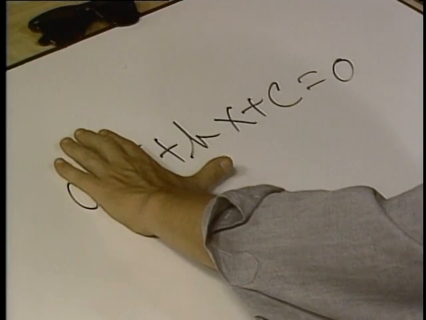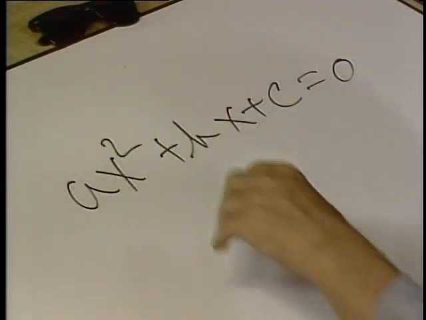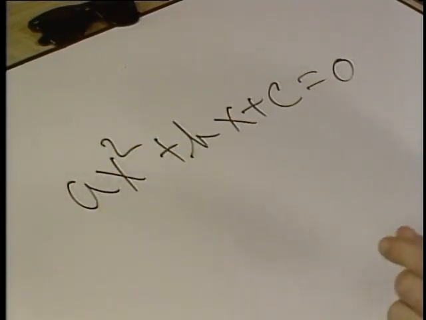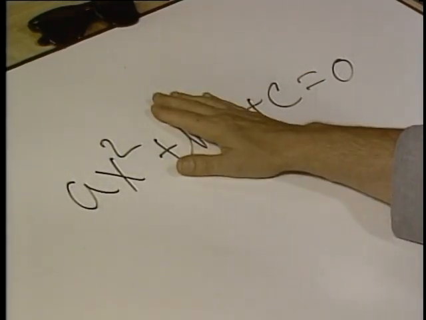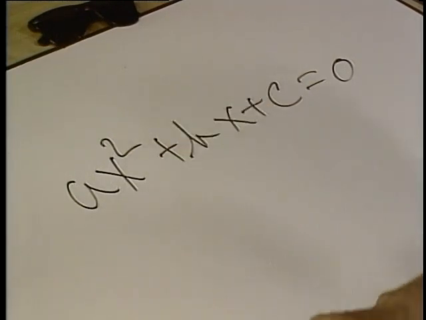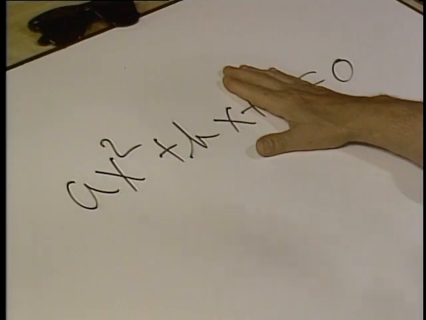A can't be 0, or we get this, a linear equation. Remember, we must have a squared term to have a quadratic. If b is 0, we get this, still a quadratic. And if c is 0, we get this. Again, still a quadratic. Let's have a pop quiz to see if we can recognize quadratic equations.